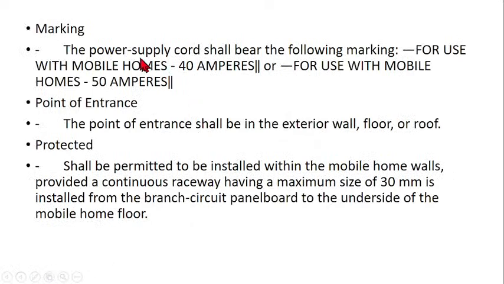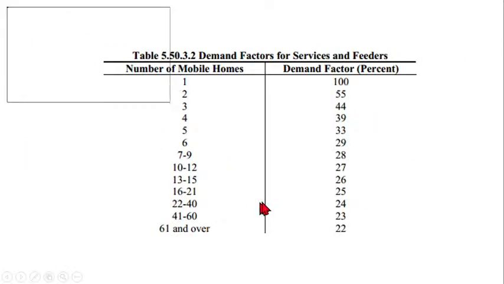Okay, the marking: the power supply cord shall bear the marking for use with mobile homes 40 amperes or for use with mobile homes 50 amperes. So the point of entrance shall be on the exterior wall or the roof and shall be protected. At least the minimum size or thickness is 30 mm. Okay, so ito yung mga demand factor for the mobile homes, no? So nakadepende if ilan yung mobile homes mo, yan din yung demand factor.